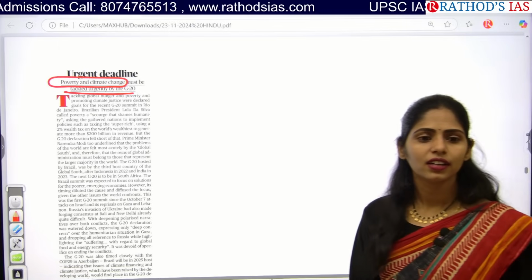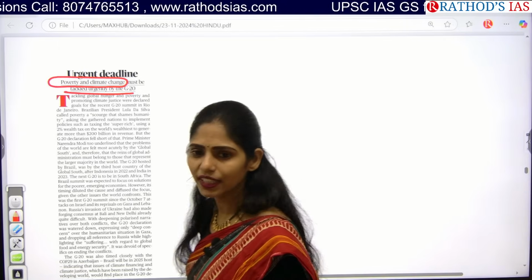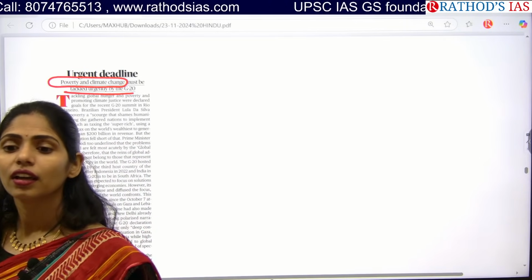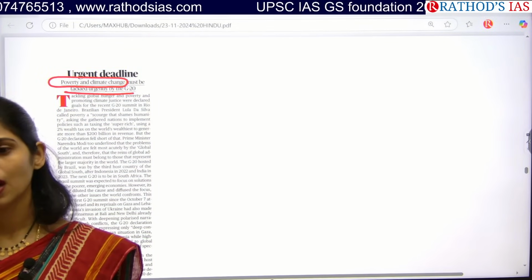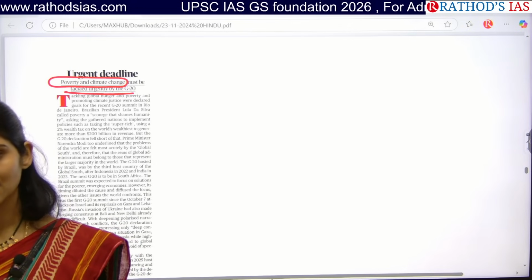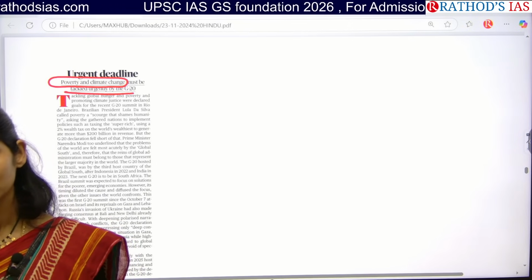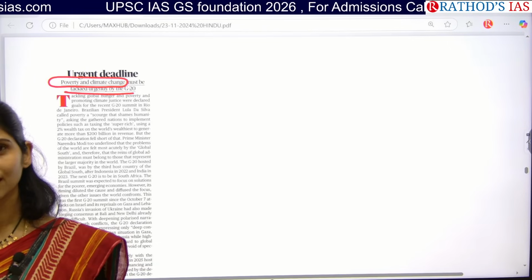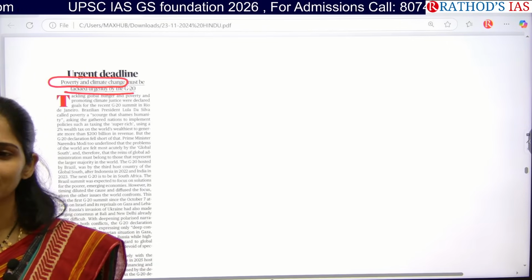And next, can you tell me examples of other countries? Okay, air quality, how? How are climate change and air quality interrelated? Okay, it affects health. Okay, if health decreases, poverty will increase. Okay, next.